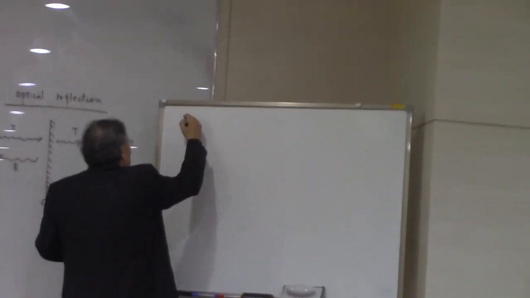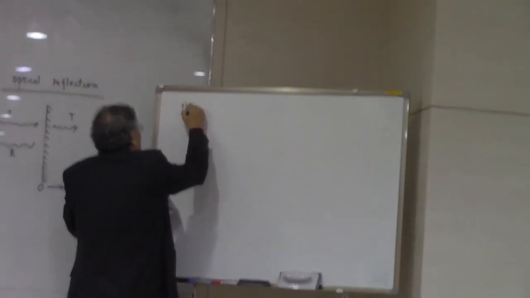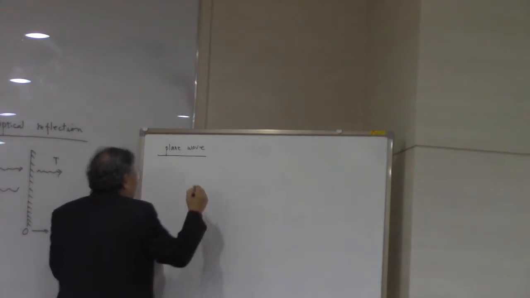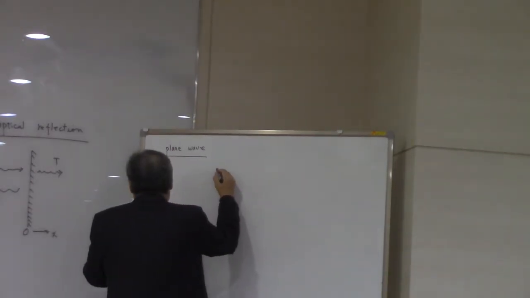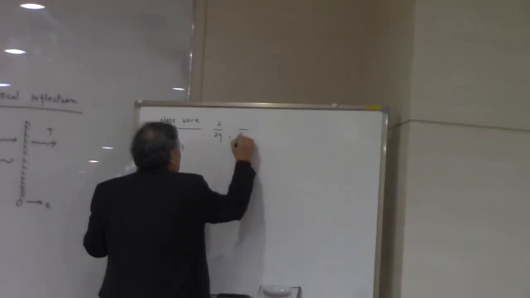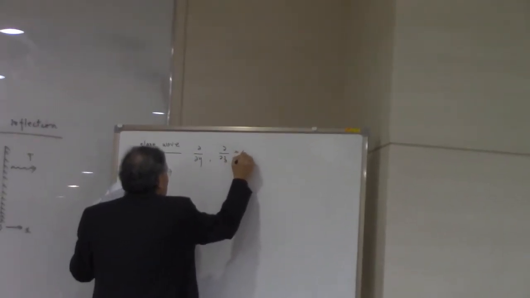And if we talk about plane waves, plane wave means round y and round z are 0.